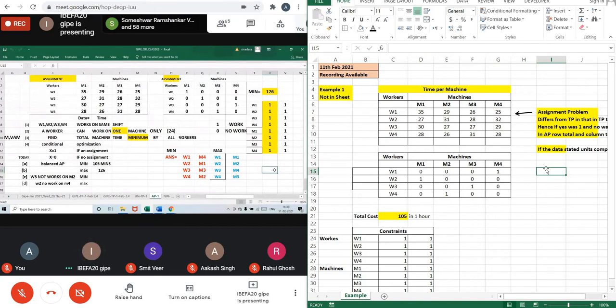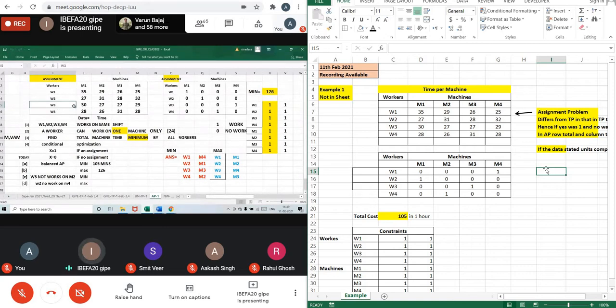Suppose worker 3 is not going to be assigned to M2 and we want the minimum time. What is to be done?